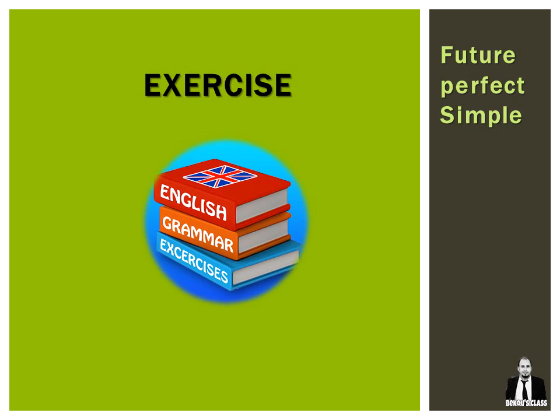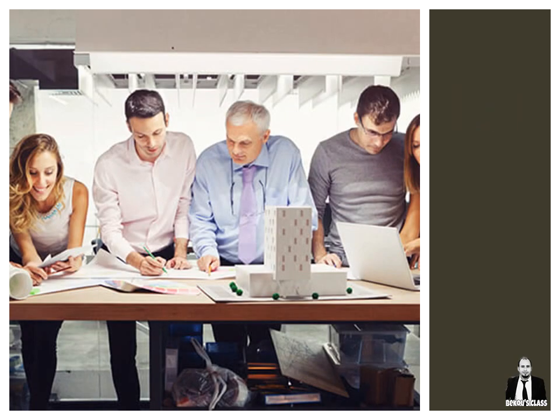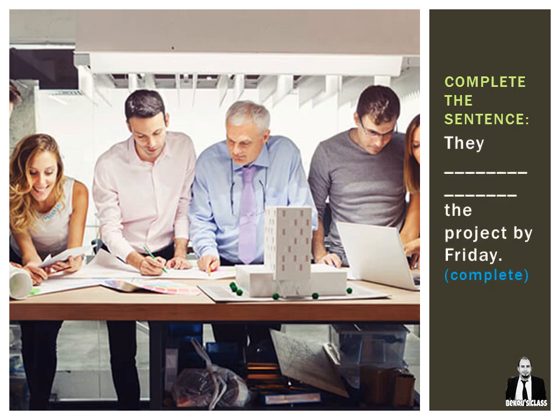Here we go. Alright, so normally you're going to have a look at the picture and you're going to complete the sentence. So we have here the verb complete. The sentence is: the project by Friday. So what's the answer?